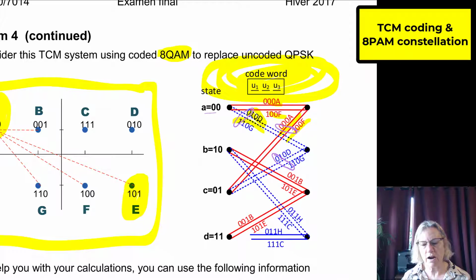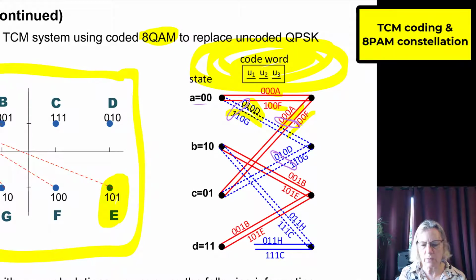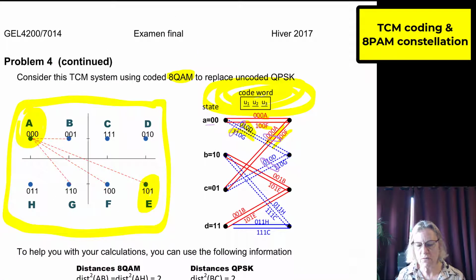In our trellis encoder, we've done something a little different because in addition to giving the 3-bit code word on each one of the transitions, we give you a little more information and say that 000 for this 8-QAM constellation is in position symbol A. You can look at the correspondence here, and when I have the letter G, it's the 110 code. Every time I have a code 001, I look up, oh, 001, that's B, so we wrote the B next to it.